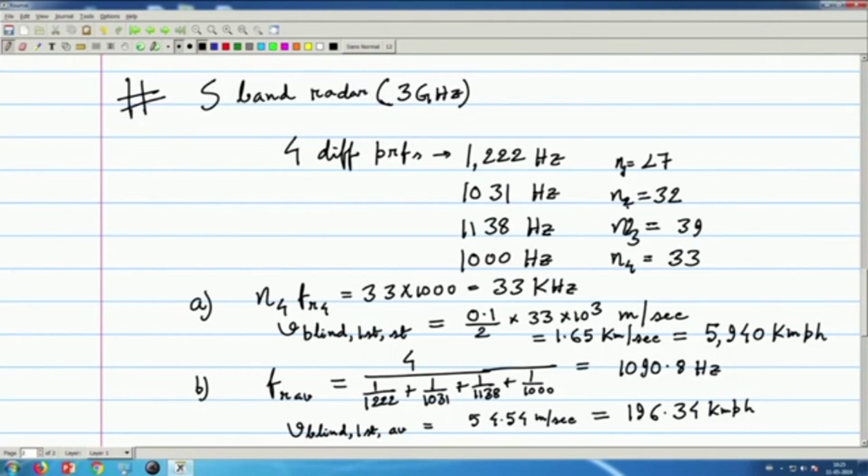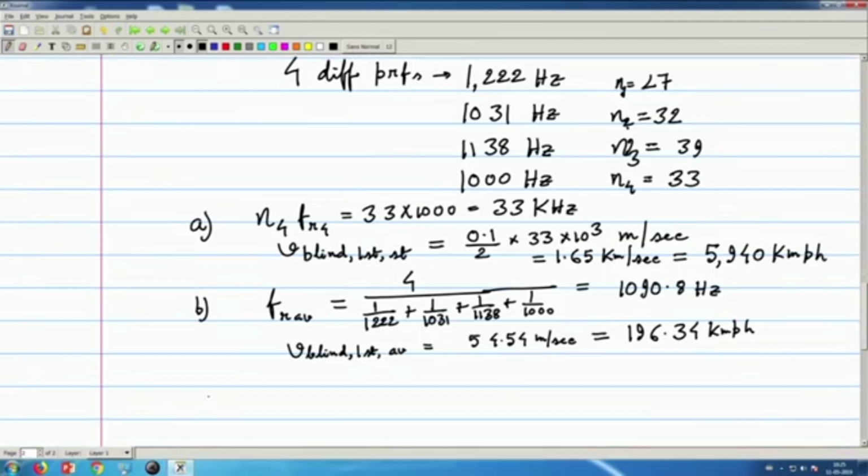But what is the price we are paying? Definitely in nature we cannot get anything free. So, the price we are paying is in the unambiguous range. For this average thing, what will be the unambiguous range?